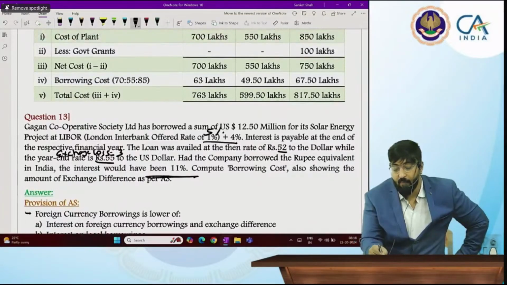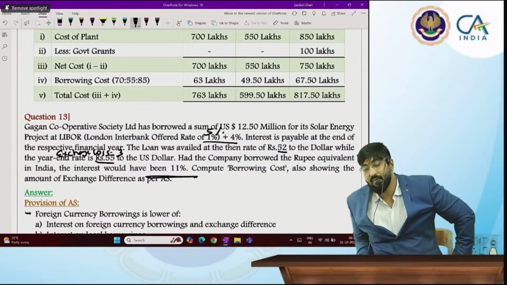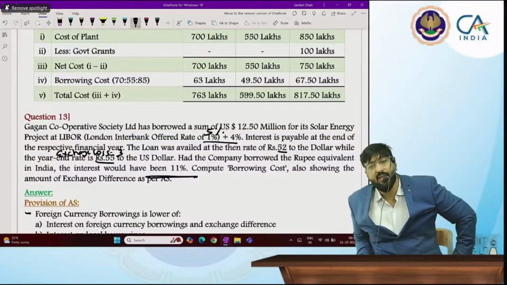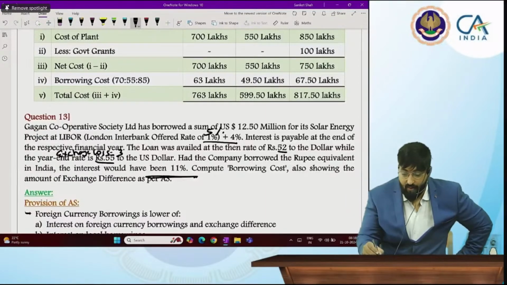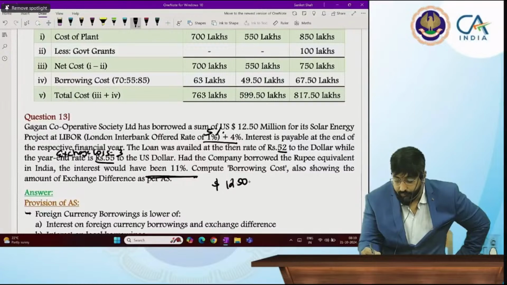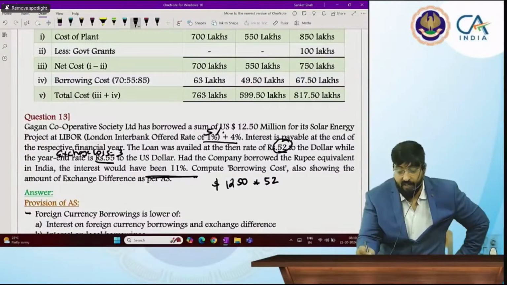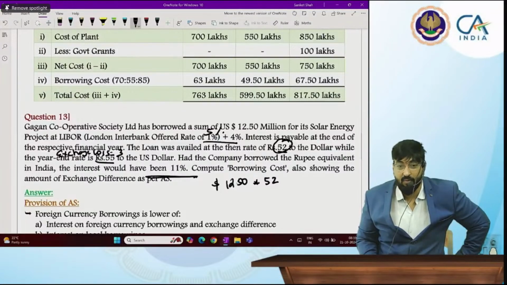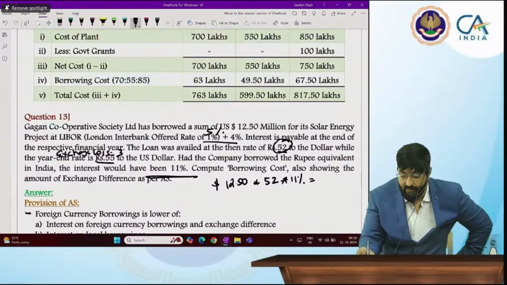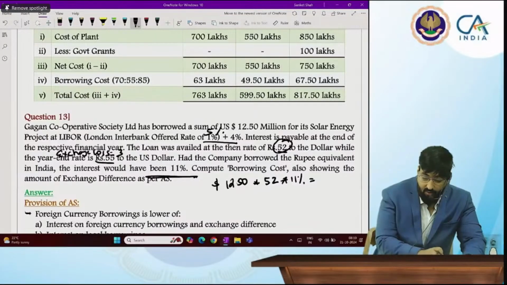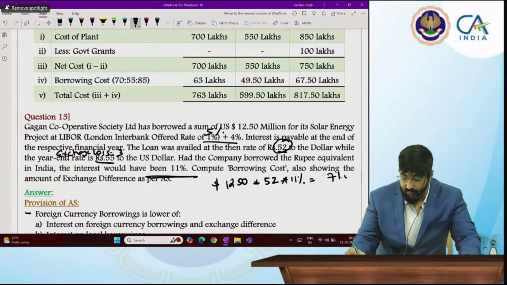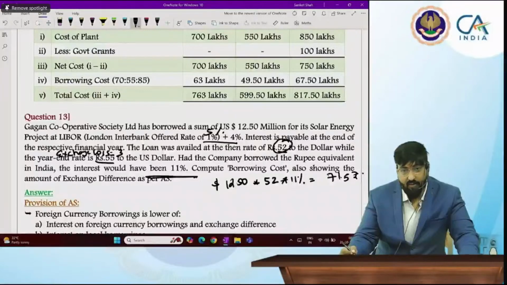And in India, if they borrow it, what is the interest rate in India? 11%. So I had told you this concept, that beta, sir did one example like this. Now see, if you had taken the loan in India, dollar 12.5 into 52 rupees, the exchange rate on the date of beginning of loan, and 11%. So how much would it be in India? 71.5, rupees.